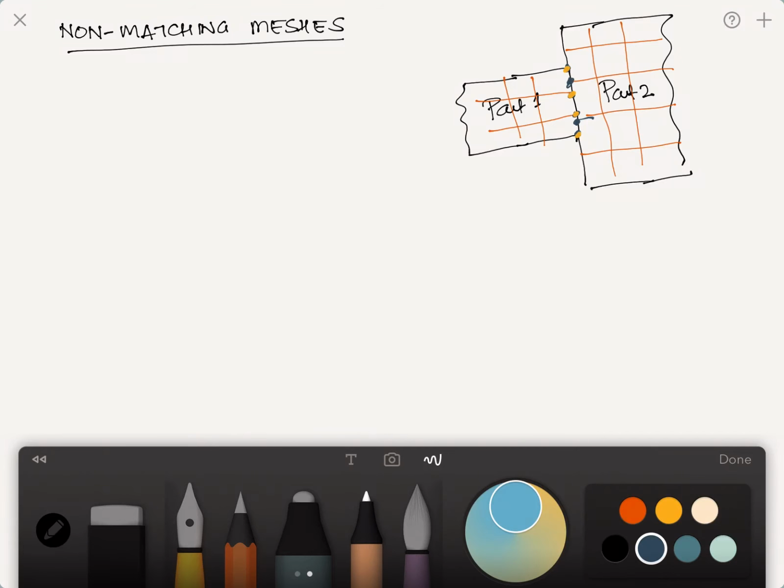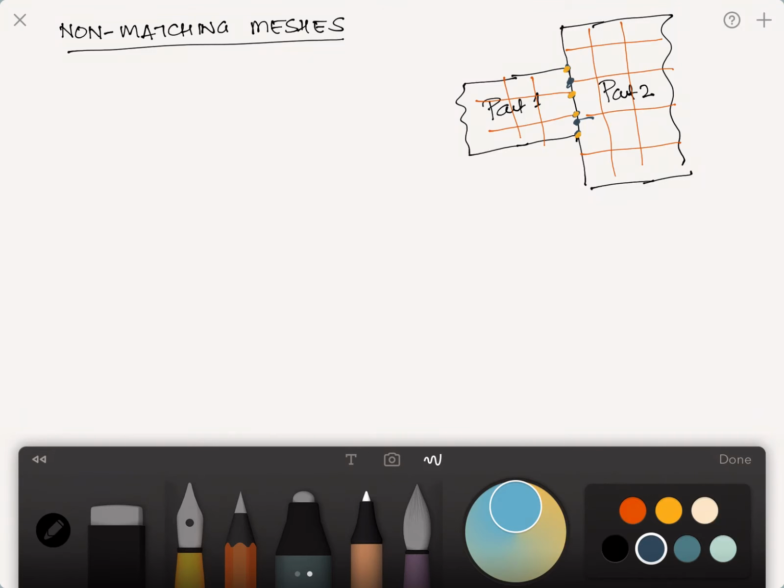Basically, I want to make a relation of these degrees of freedom in such a way that they behave like they are related to each other in some way. That's the fundamental principle behind non-matching meshes.